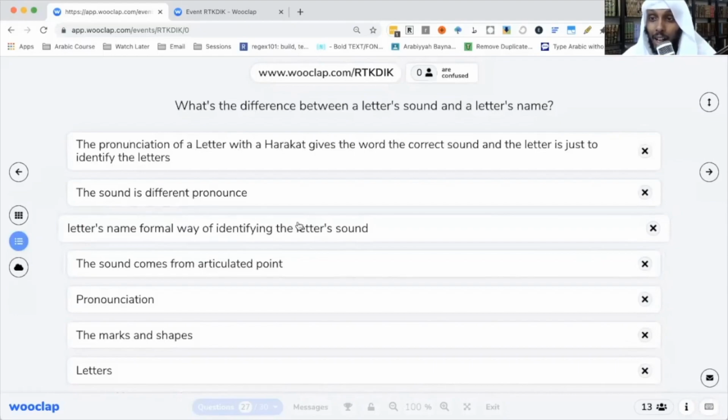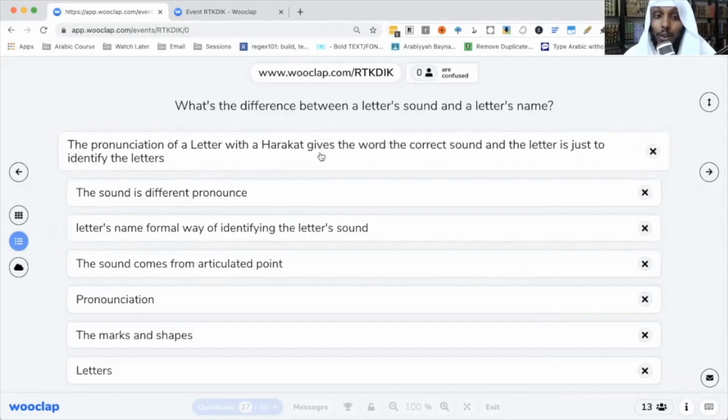Hamza fatha, a. Or kaf kasra, ki. All right. So the first thing we say, kaf, that's the letter's name. Fatha is the name of that diacritic, that haraka. It's called fatha. But what sound does it make? Ka. Okay. Ra, that's the name. Kasra, that's the name. What sound does it make? Ri. Ra, kasra, ri. And so on and so forth.